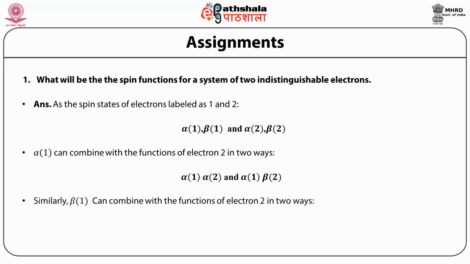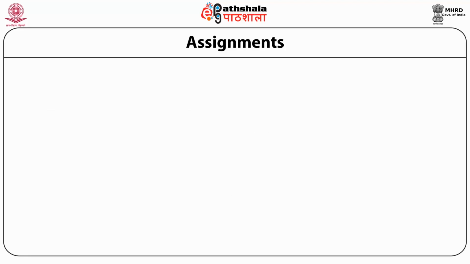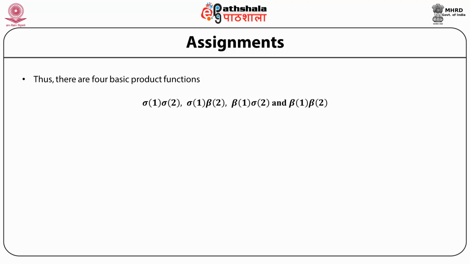Similarly, beta 1 can combine with the functions of electron 2 in two ways, beta 1 alpha 2 and beta 1 beta 2. That means there are four basic product functions, alpha 1 alpha 2, alpha 1 beta 2, beta 1 alpha 2 and beta 1 beta 2.